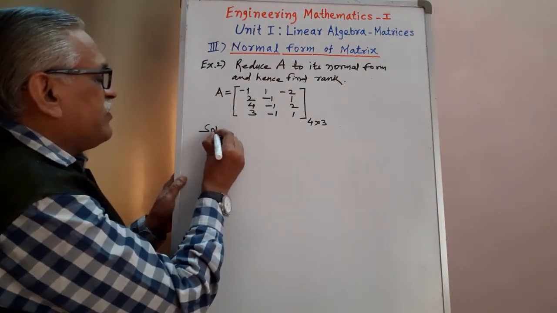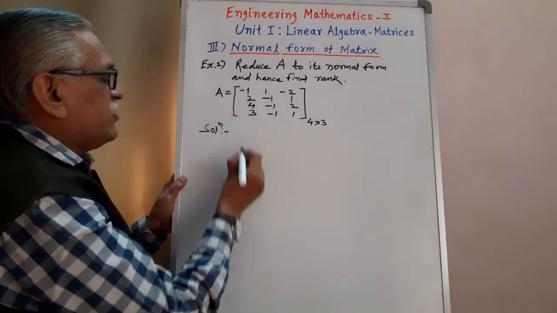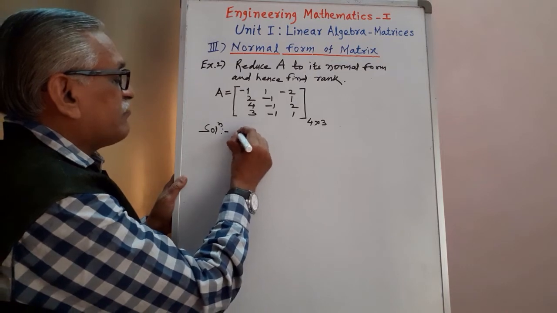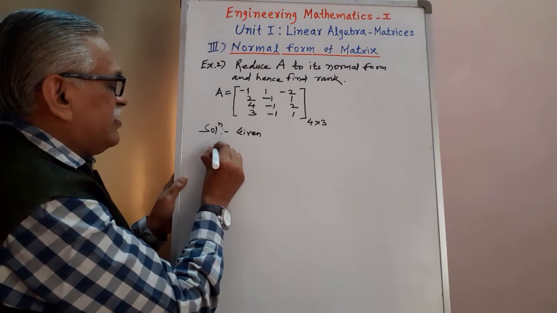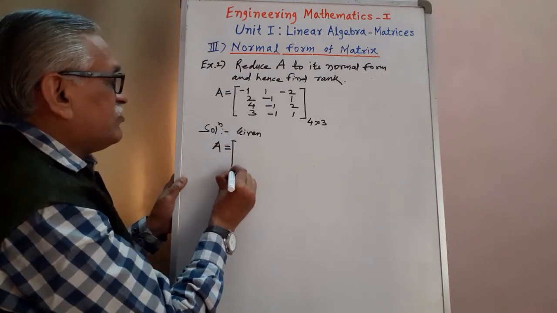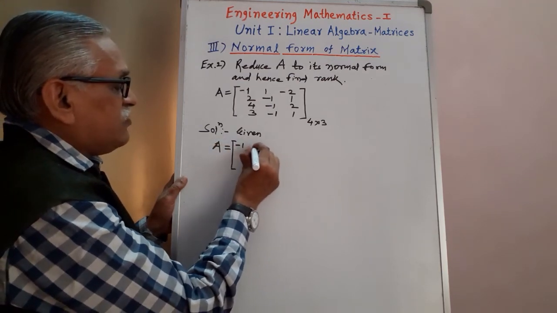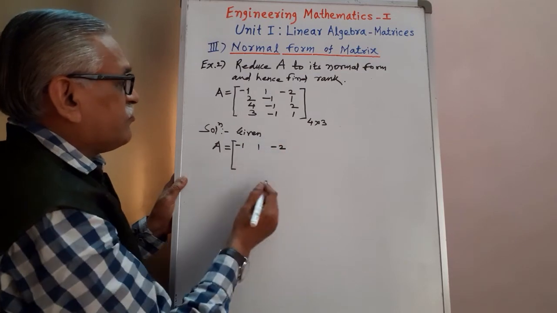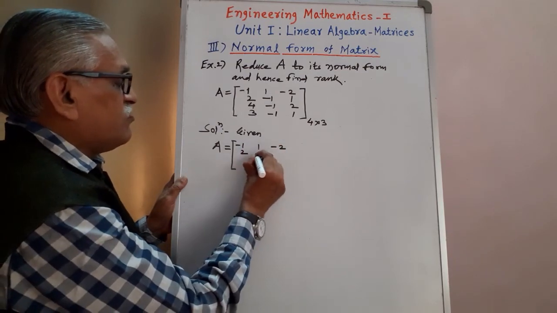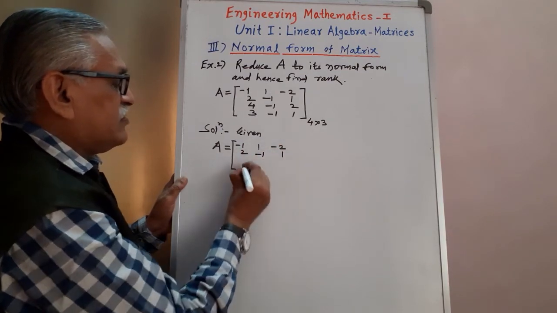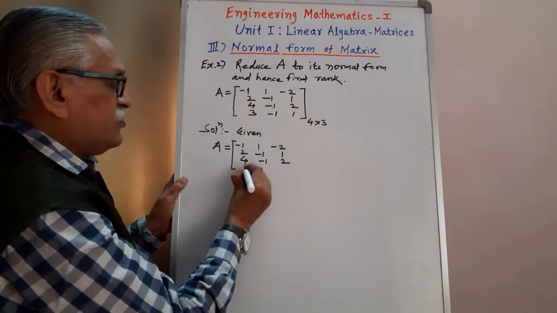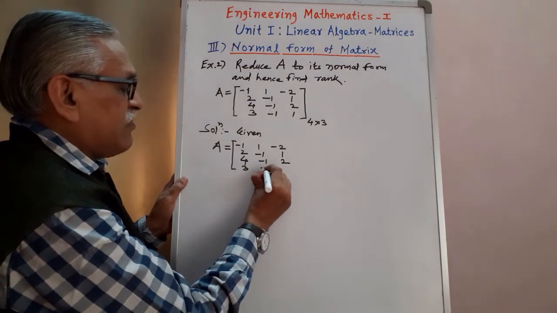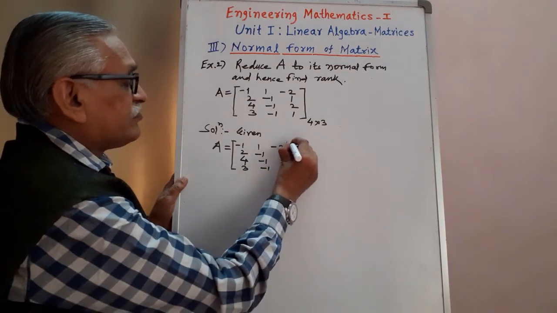Therefore, performing that calculation, given matrix A is equal to minus 1, 1, minus 2, 2, minus 1, 1, 4, minus 1, 2, 3, minus 1, 1.